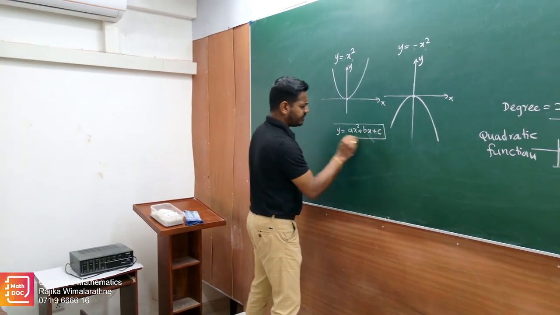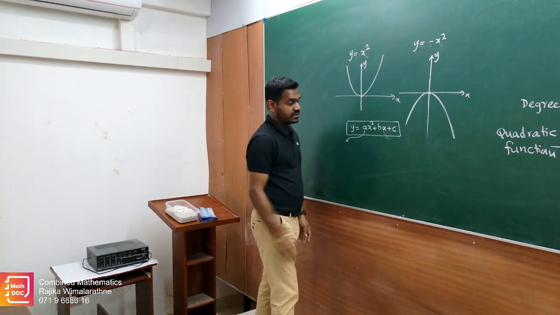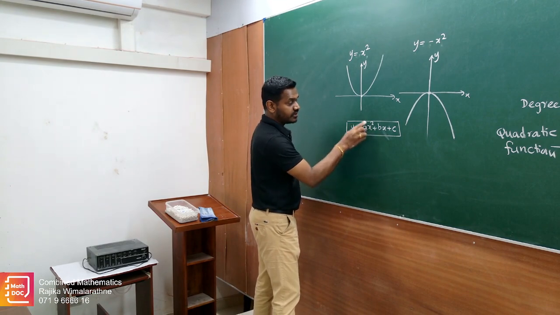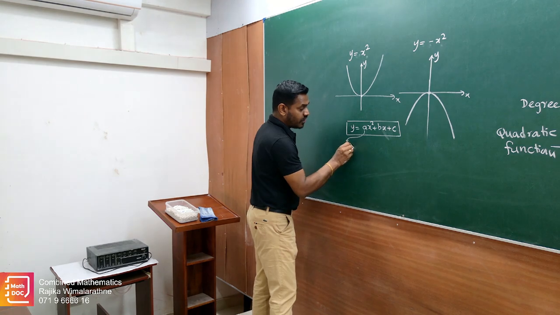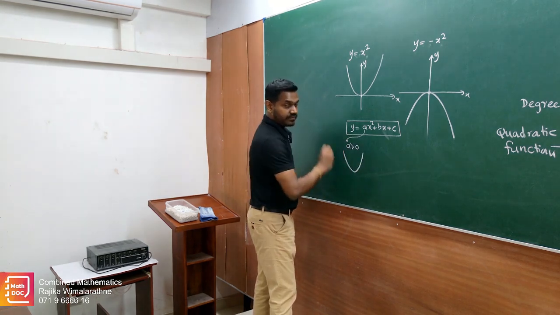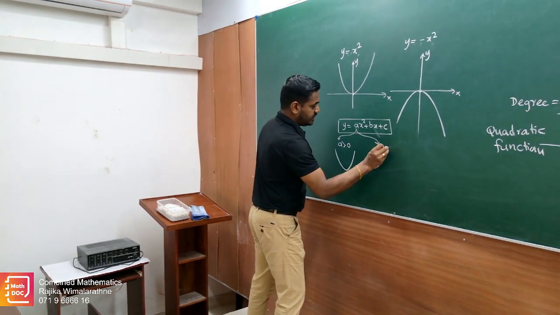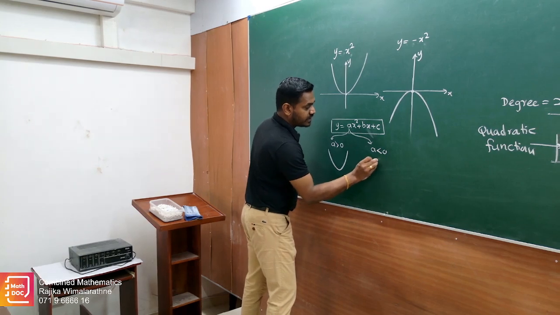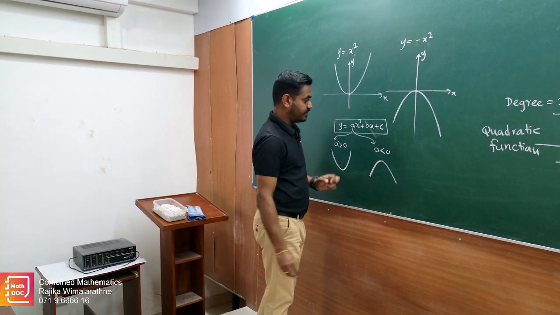Now remember, this term we call the leading term, and its numerical value is called the leading coefficient. If this leading coefficient is positive, you say it has a minimum shape function. So when a is less than 0, then it is a maximum shape function. Here maximum shape, here minimum shape.